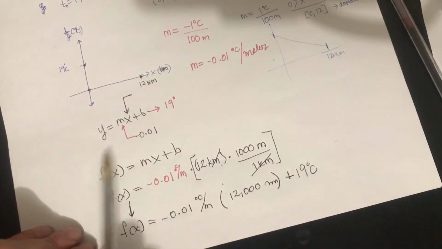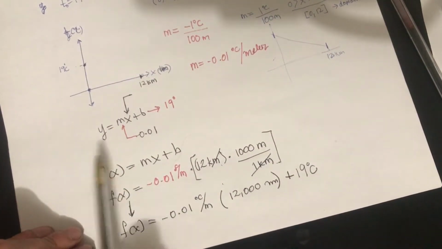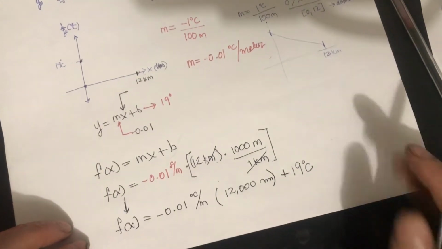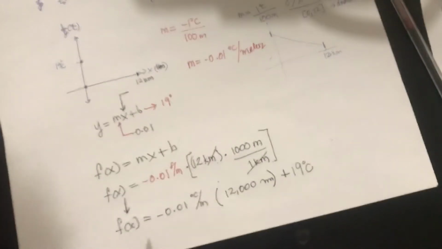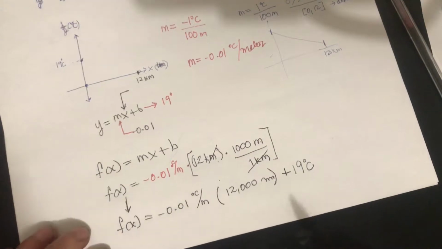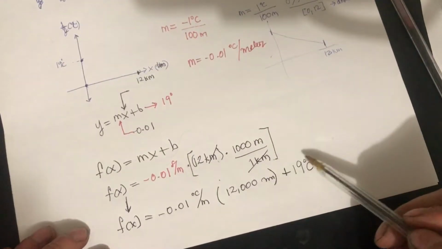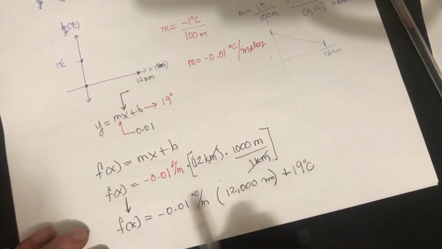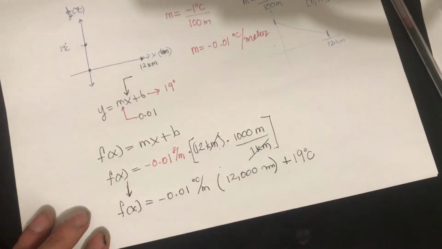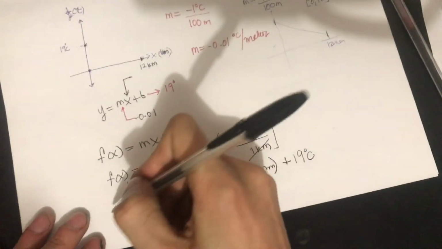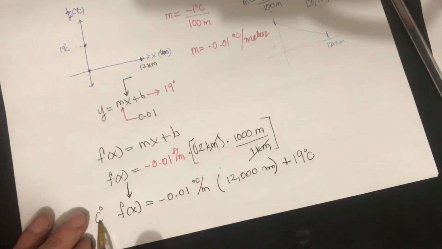I just made this to make it clearer for you, because you're going to be dealing a lot with function notation. This will tell you your value in degrees. And how do you know that? Because if you start dealing with units, you have to have the same units to get a value here. So I know this is going to be expressed in degrees Celsius.